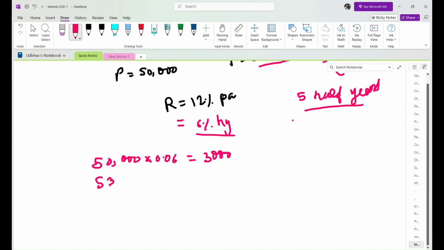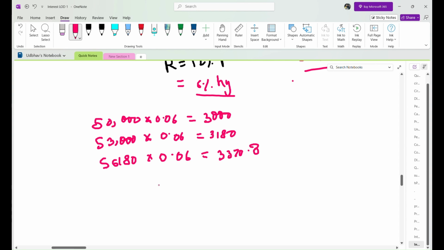So this will be 53,000 into 0.06, 3,180. So this will be 56,180 into 0.06, 3,370.8.